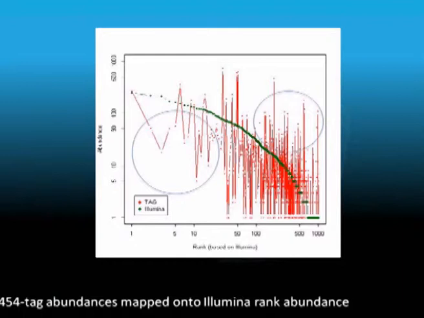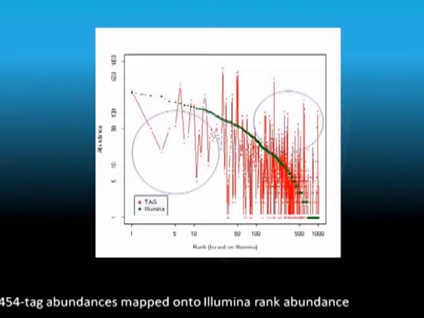So if you take this OTU, you get this abundance with Illumina, and then the same OTU gets a lower abundance when you look at it with 454. This seems to happen with a few of them.